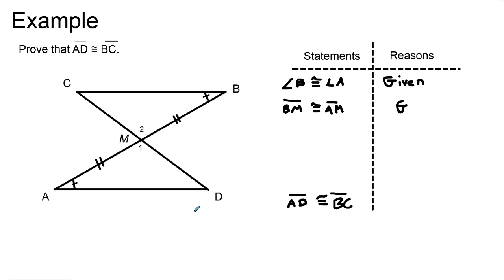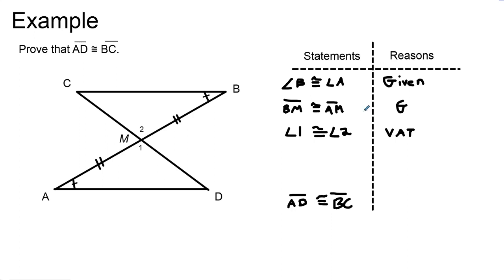Now I need to look for a third piece of information. I don't really know anything about sides AD, BC, or CM and MD, but I can definitely say that angle 1 is congruent to angle 2. And they're opposite of each other, so that's basically the vertical angles theorem.